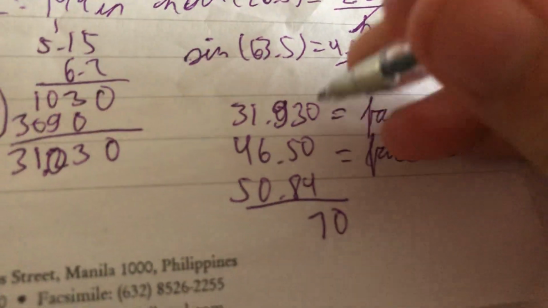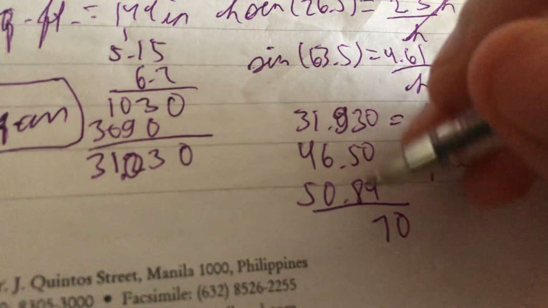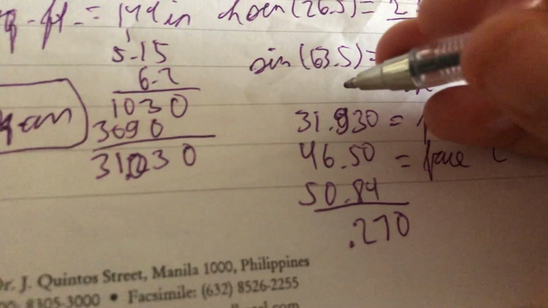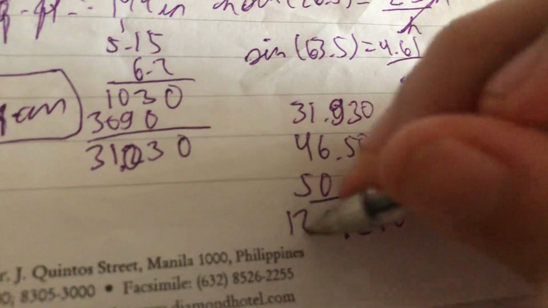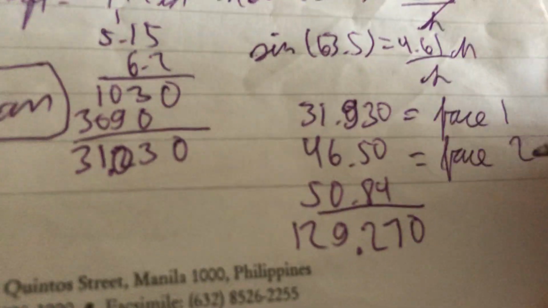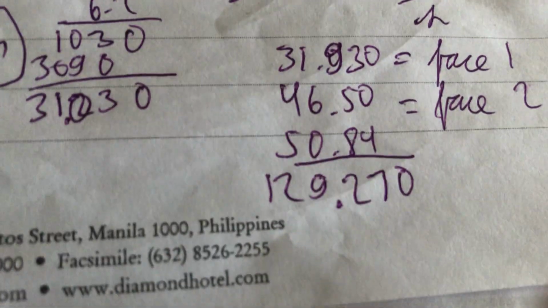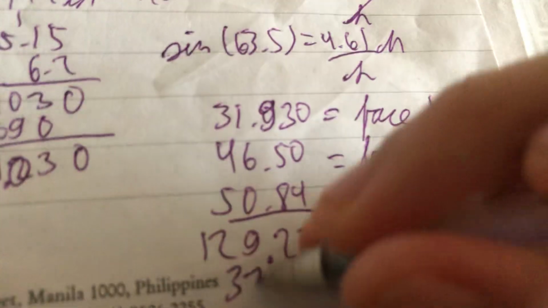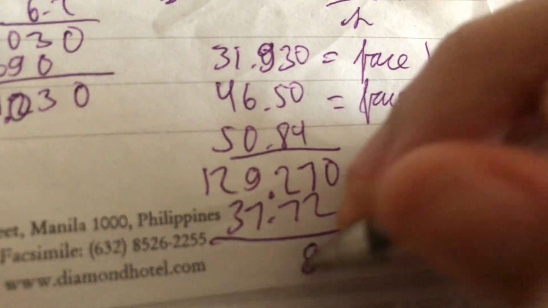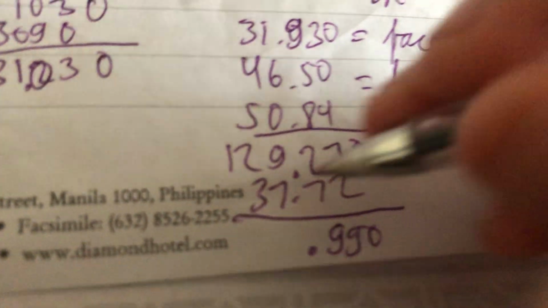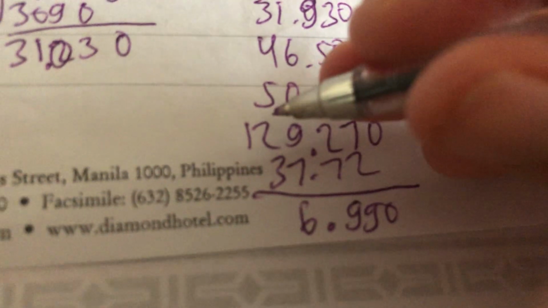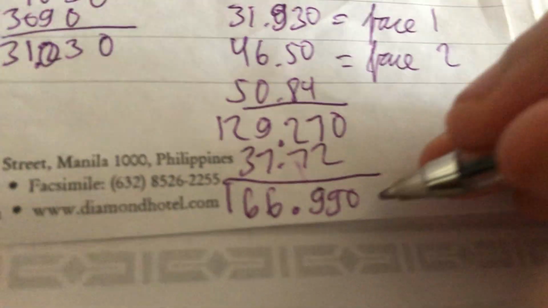Then we add 0, 3 plus 4, 7. 9 plus 8, 5 plus 5, 22. 2 plus 1, 3, 9. And then 129. Okay? Then don't forget to add with the 37.72. Very good.